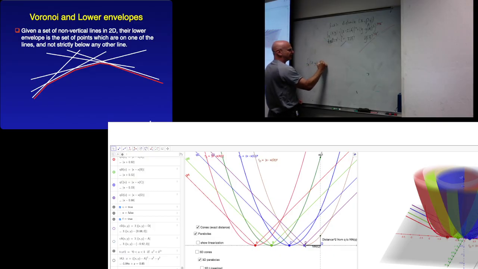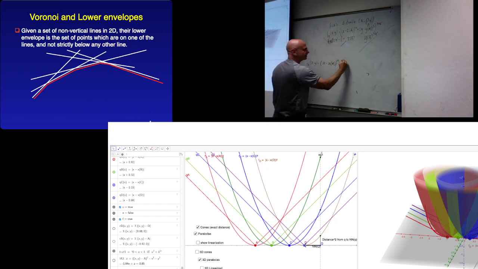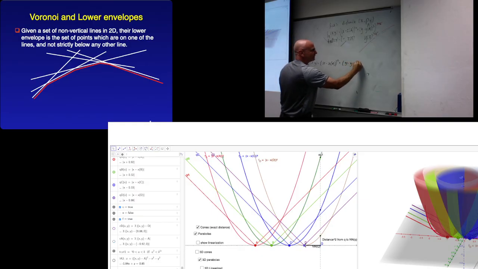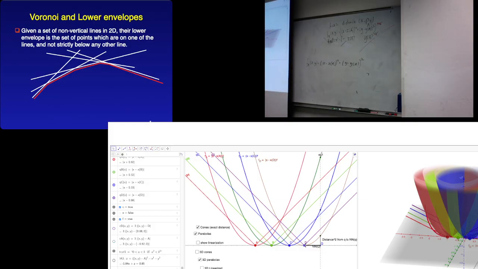I'll write it once again: (x minus x_A) squared plus (y minus y_A) squared, where A is one of the points. That's my distance function, squared, to the point A. From the point (x, y) to the point A, this is a distance squared.